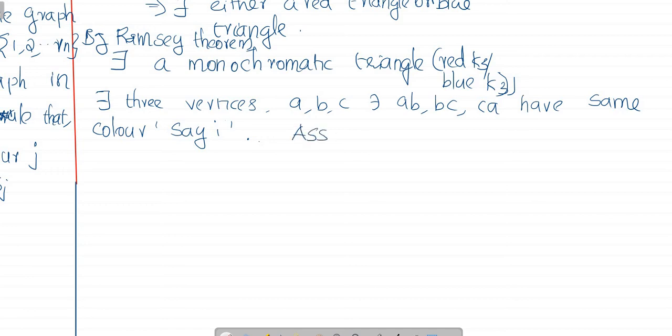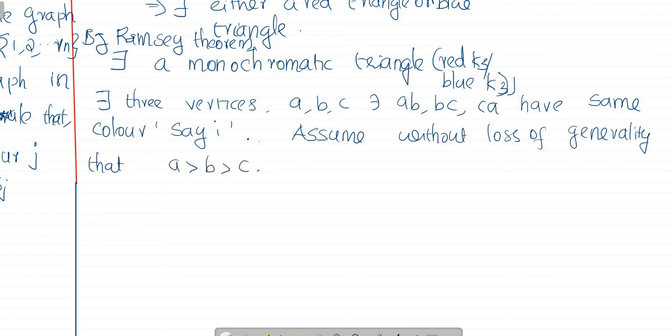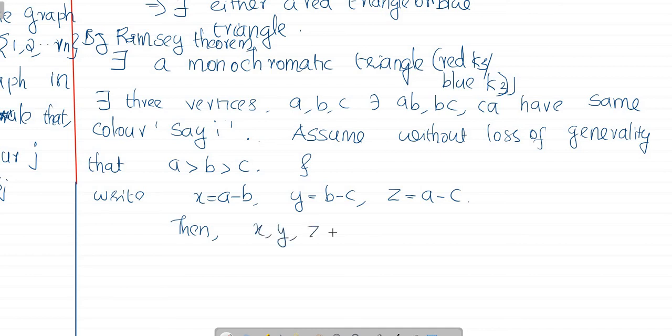Assume without loss of generality that A is greater than B greater than C, and write x equal to A minus B, y equal to B minus C, z equal to A minus C. Then x, y, z belong to Si and x plus y is equal to z.